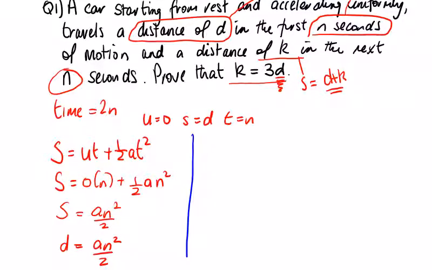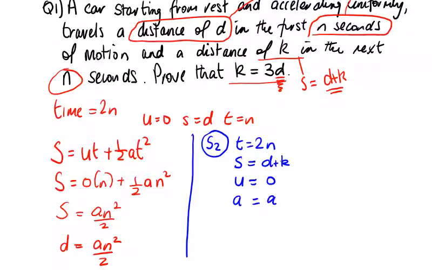So the second part, s2 we'll call it, we have t is equal to 2n, s is equal to d plus k. We're including the first part so that we still have my initial velocity being 0 and the acceleration is uniform.